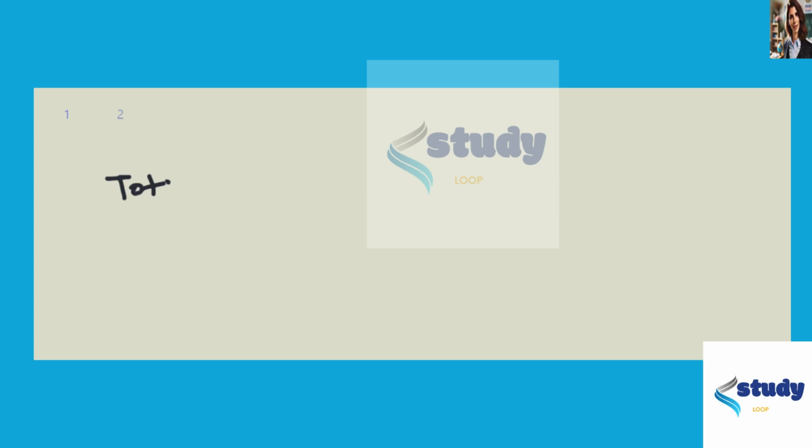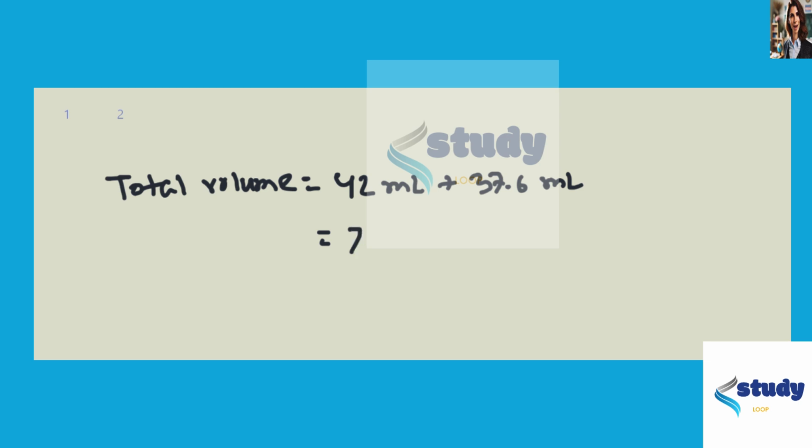And if we add up the two volumes, the total volume here is the sum of the two volumes, which are 42 plus 37.6 milliliter, 79.6 milliliter. If we convert it to liter by dividing it by 1000, it will give us 0.0796 liter.